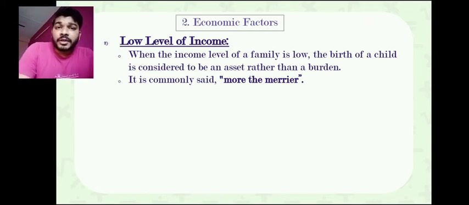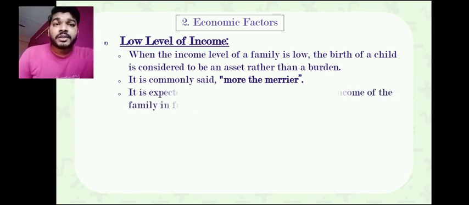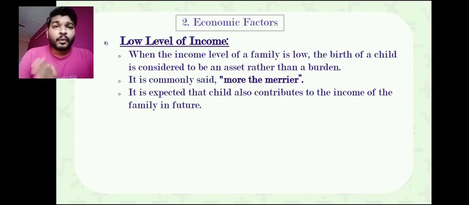In English there is a phrase, more the merrier. More the merrier means जितने ज़्यादा उतने अच्छे, जितने ज़्यादा बच्चे होंगे तो हमारे पास उतना ज़्यादा इनकम होगा. So this is the thinking of poor people, and more children are born because of these poor families.